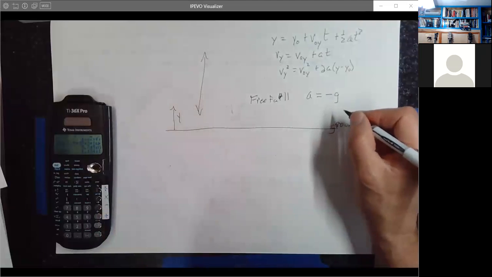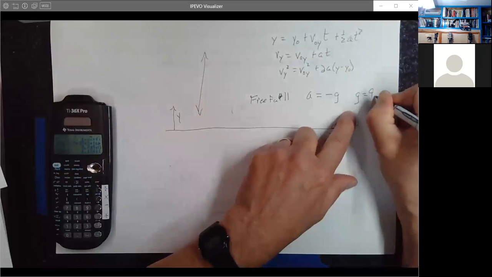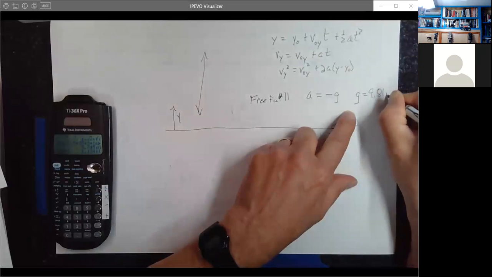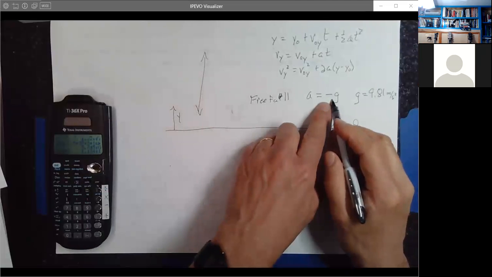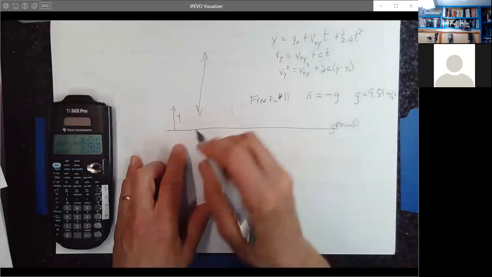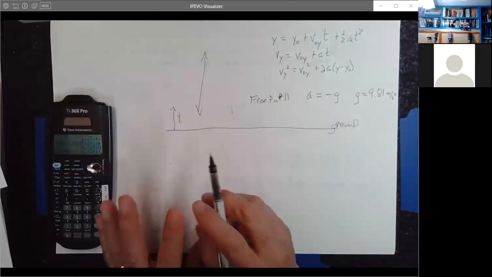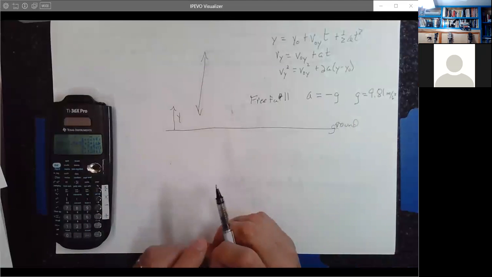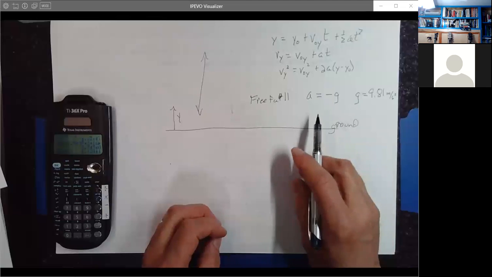It's the magnitude of it. It is 9.81 meters per second squared. And I've got a minus sign here because the acceleration is downward, and I chose y to be positive upward. And so that's something that I have on these particular problems.